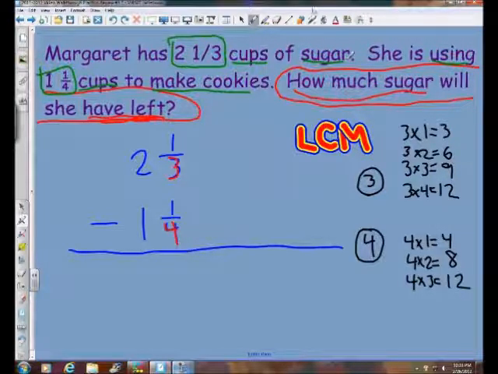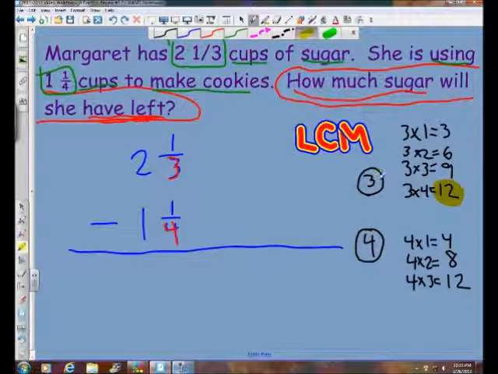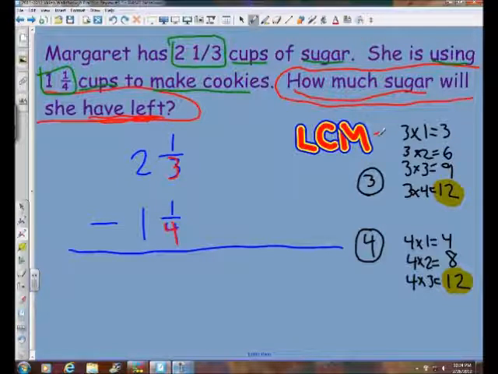Wow, well, there you go. You can see that we have a common multiple right there. That 12 is a multiple of 3, and 12 is a multiple of 4. So 12 would be our LCM. So LCM equals 12.